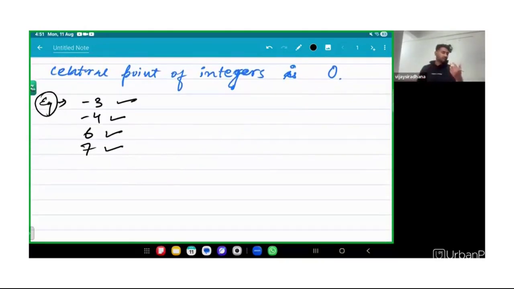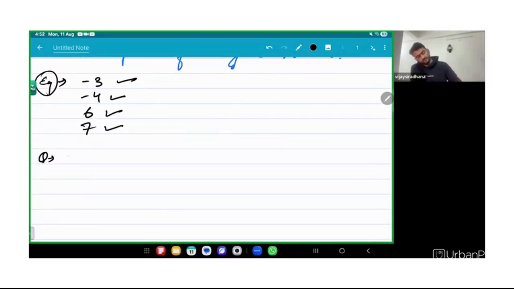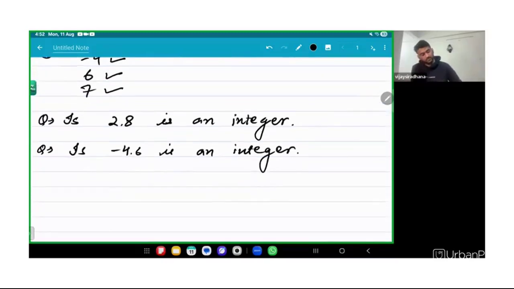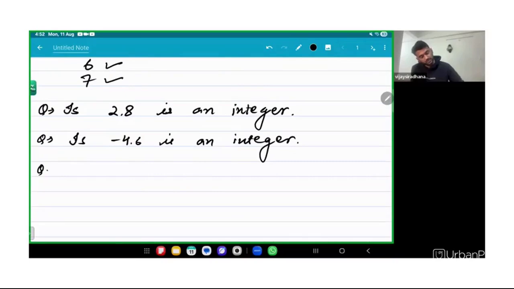Now, what will be the confusing question which might come into your mind when you see the integers? So I'll give you a set of questions. Question number 1. Is 2.8 an integer? Question number 2. Is -4.6 an integer? Question number 3.